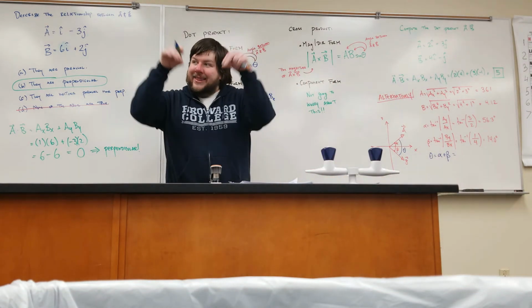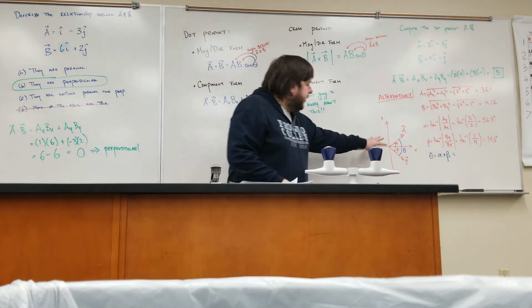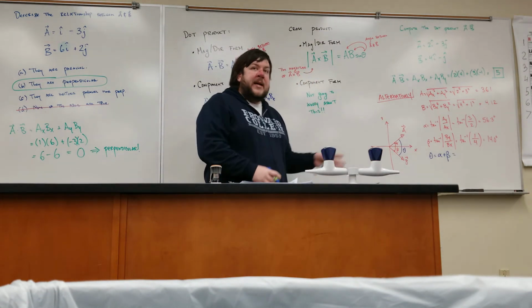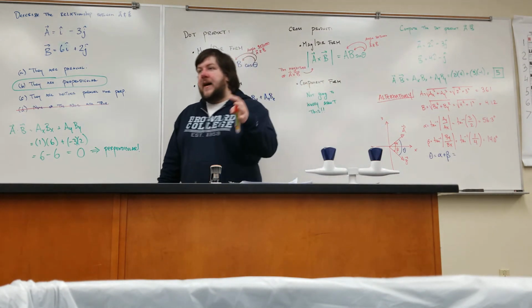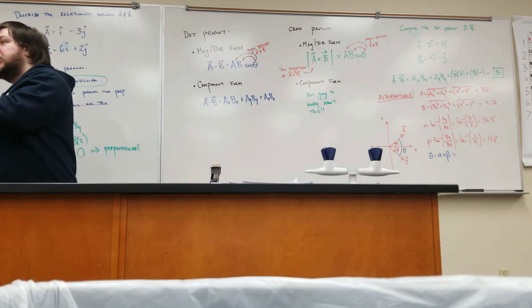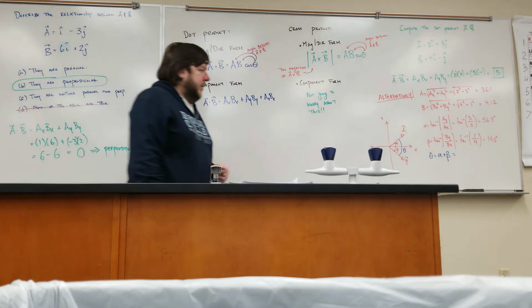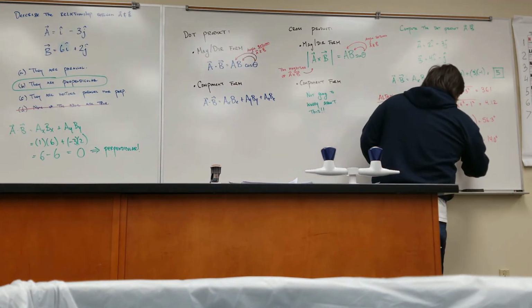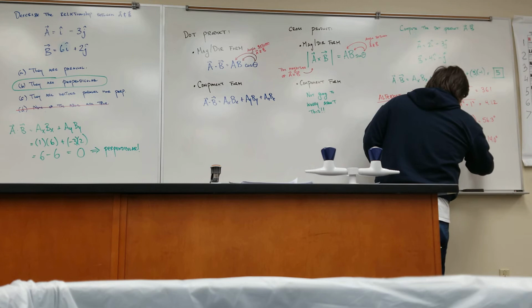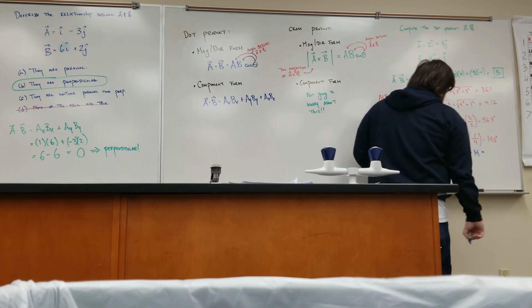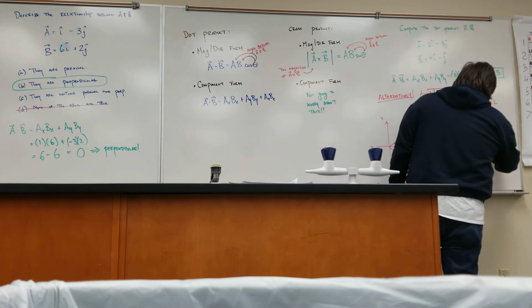That's true in this case because of how the geometry worked out. Pictures are always worth drawing for vectors because vectors are geometric objects, and it will help you visualize what's happening. Alpha is 56.3. Beta is 14, so 70.3.